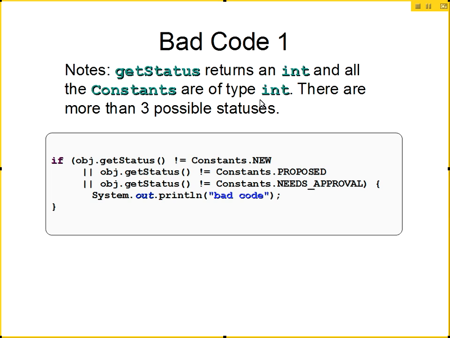Yeah, it's not that, and it's not that, because of the ORs. If it's difficult to see and understand, then it's bad code, because people can't understand what's going on.